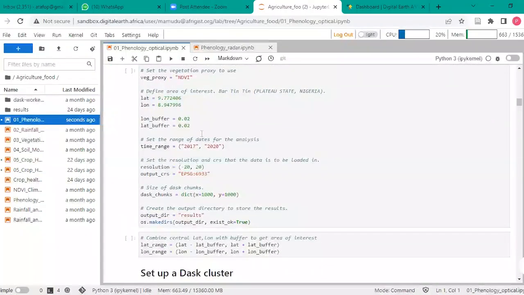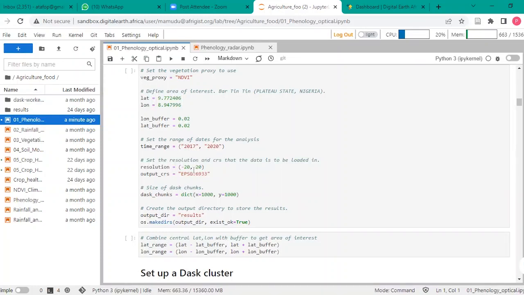So here are the parameters. The vegetation proxy we are using is the NDVI. The latitude and longitude are for Batitin in Plateau State, Nigeria. The center latitude value is given here and the longitude value is given here. We're going to be using a buffer of 0.02 to define the study area. The data sets we want to work with will be from 2017 to 2020.